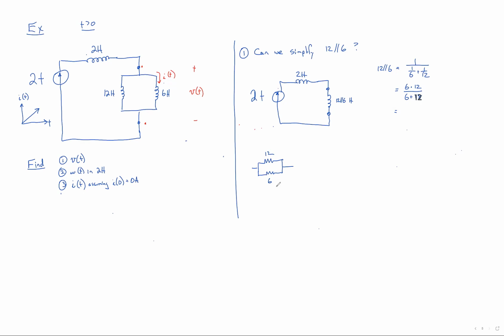Jacob, does putting things in parallel make the resistance bigger or smaller? Makes it smaller. Right. So if you wanted to create the smaller one, you could do it out of a multiple of bigger ones. In your head, can you see how 2 12s make a 6?